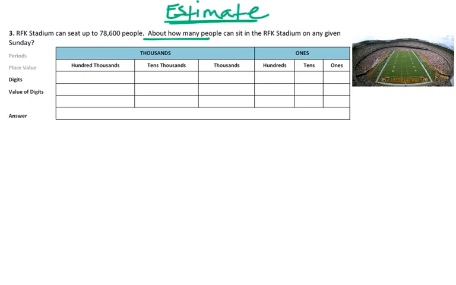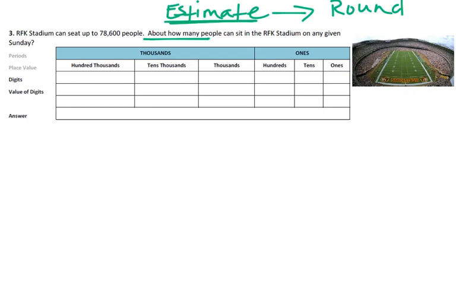So an estimate is telling me I'm going to have to round my numbers. Okay? So that is an indication that they gave us. So about how many people means that they want me to round 78,600. Well, they're not telling me where they want me to round it to, but they don't need an exact number. I can round to the 10,000ths place.